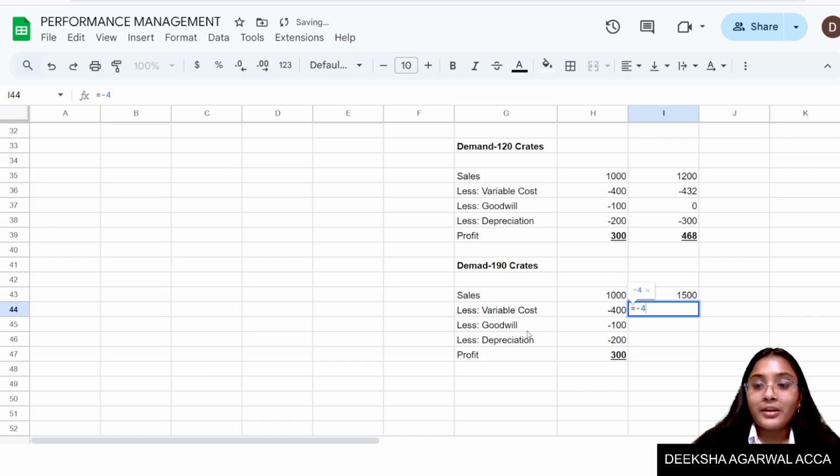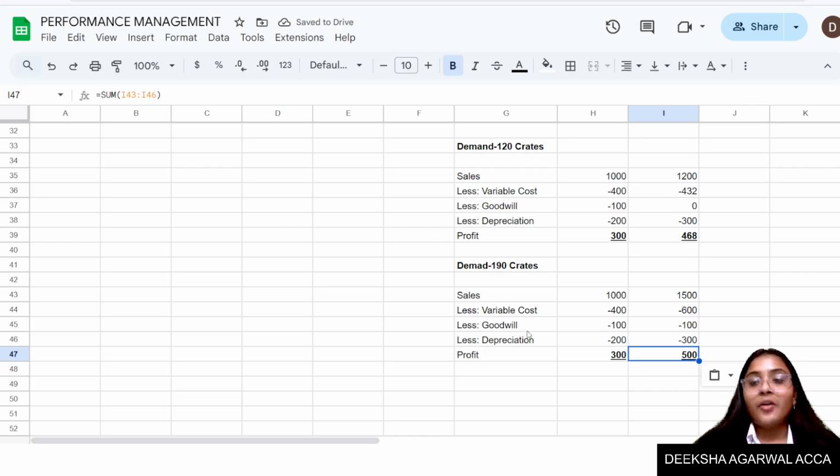Now variable cost will be full, right? And goodwill will also be impaired. Your depreciation is 300. You got your profit. Because you need to understand what is happening. Obviously, when you are serving fewer customers, the quality is always hampered. Right? When my quality is hampered, all these things happen, so that will be varying.